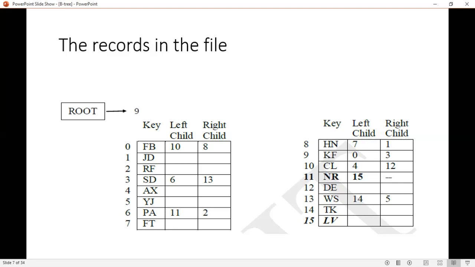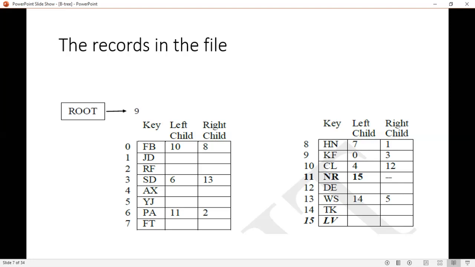From the table you can see the root is 9. It is the RRN. Thus in the table, at RRN 9, you have the root node, that is KF.